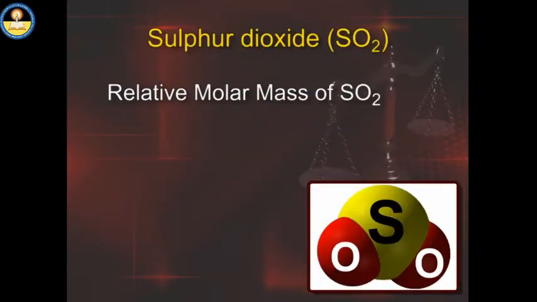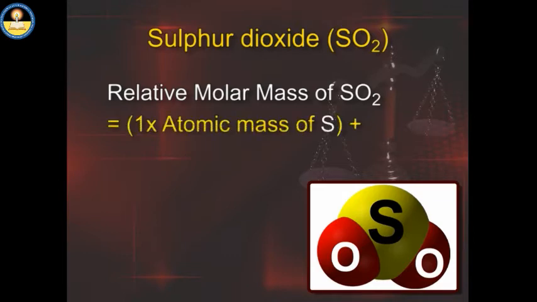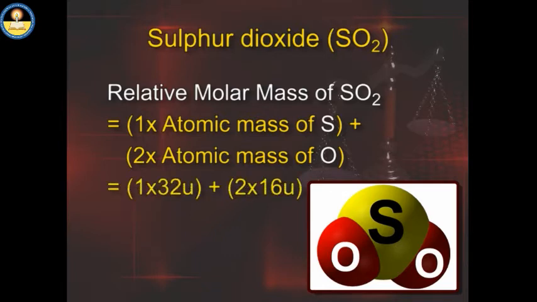Relative molar mass of sulfur dioxide is equal to 1 multiplied by atomic mass of sulfur plus 2 multiplied by atomic mass of oxygen, which is equal to 1 multiplied by 32U plus 2 multiplied by 16U, which is equal to 64U.